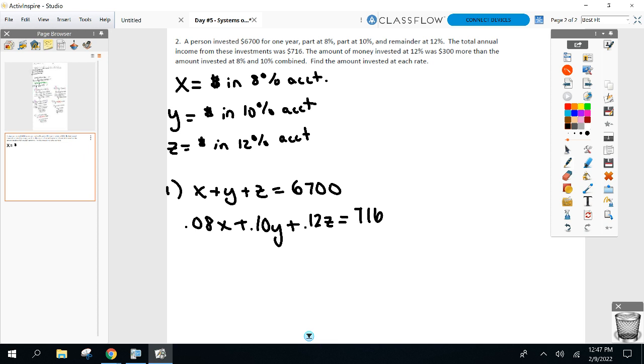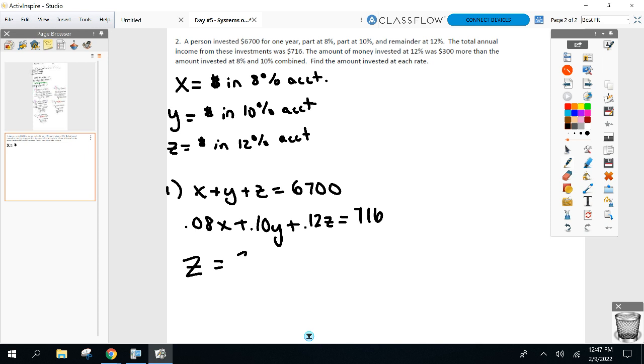Well, I know we're trying to find it, but we gave it a letter. Z. The amount of money we invested at 12% was Z. That was 300 more than the 8 and the 10 combined. What do you got for me? Was 300 more than the other two combined.